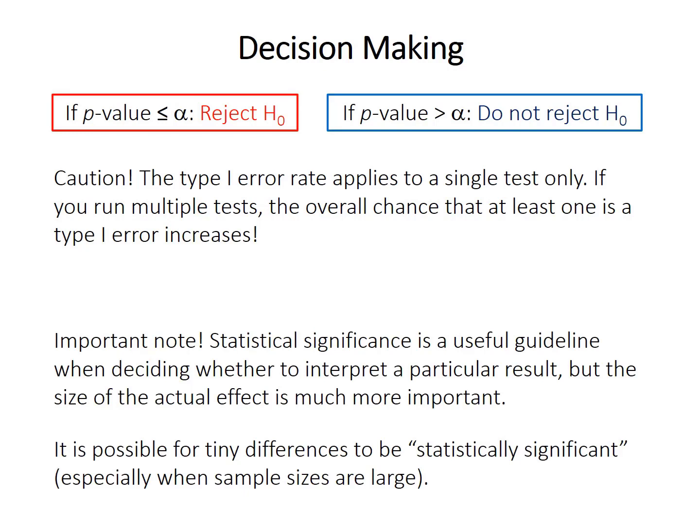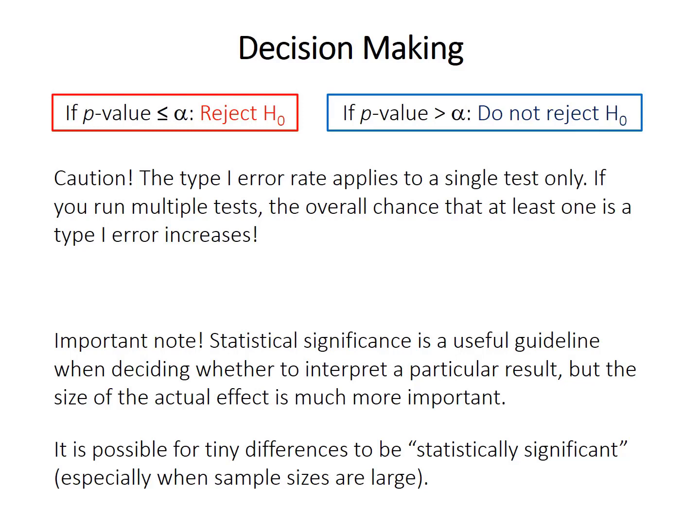And finally, it's important to note that statistical significance just tells you the probability of observing an effect at least as large as you did if the null hypothesis is true. It says nothing about the importance of the effect itself. So you need to look at the size of the actual effect, the size of the difference between samples, or the strength of the relationship or whatever, and use your own judgment to determine whether that would be important in the real world.